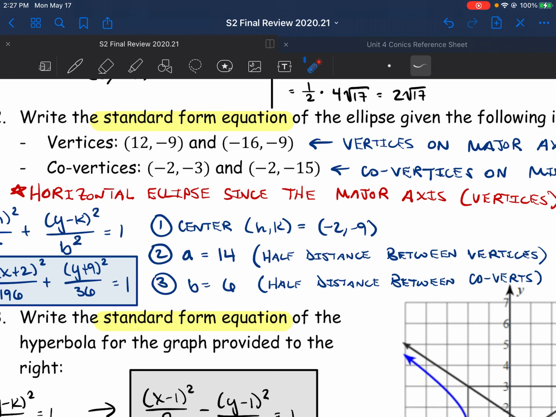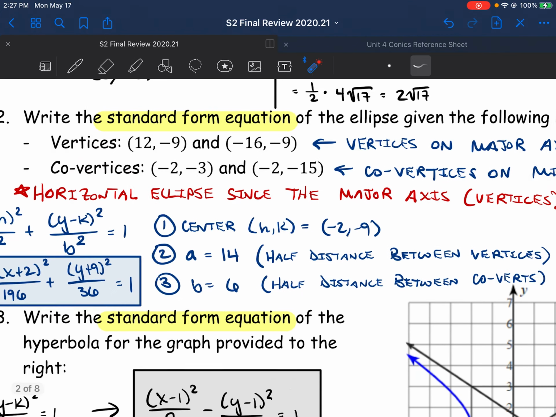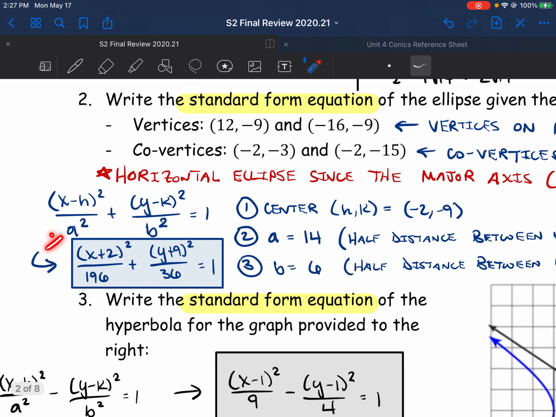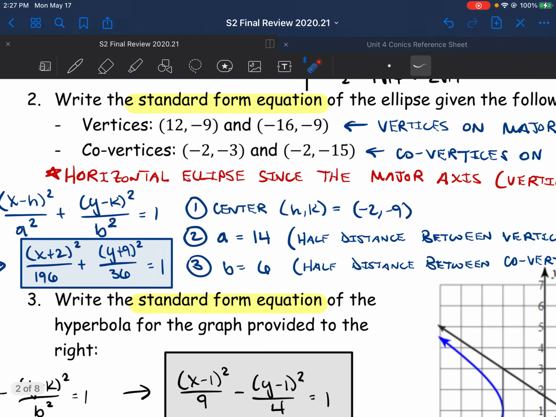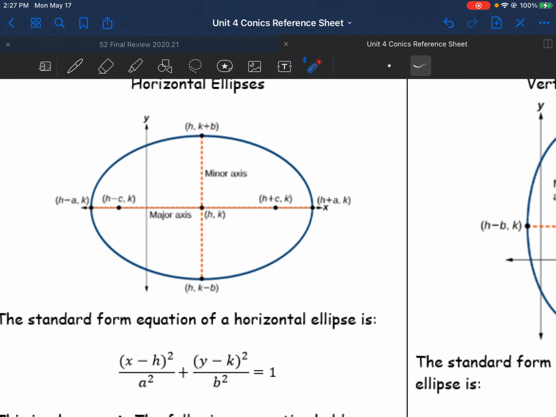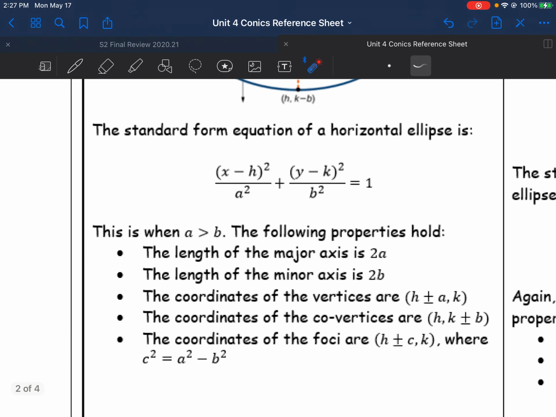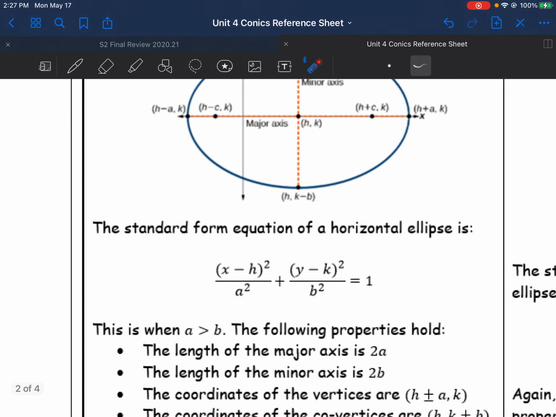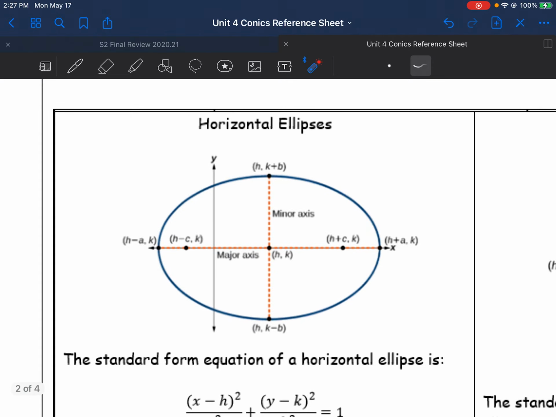So you can use the midpoint formula on either the vertices or the co-vertices. You'll get the center just fine. But now we need a and b. Notice that for a horizontal ellipse, the major axis is 2 times a. So a would be half the length of the major axis. Or if we look at the picture here, from the center to a vertex would be the distance a.